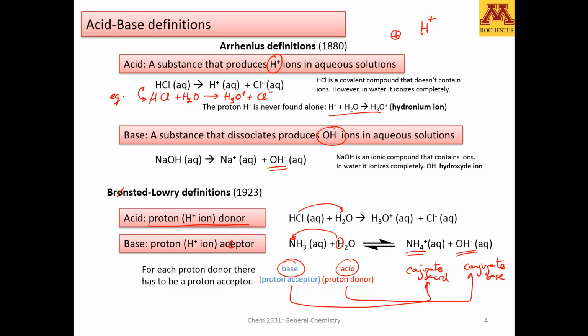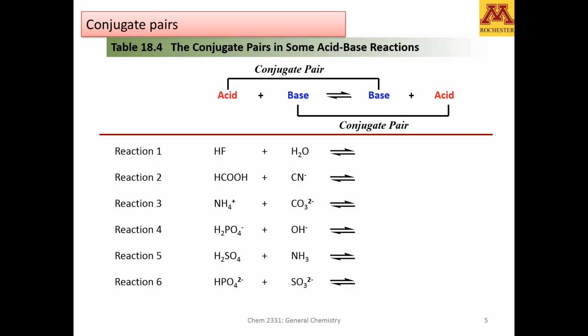So let's practice a little bit. In this case, we're giving you a list of reactions and we are already identifying them as acid and base. However, it's important that you can identify acids and bases. We'll give you a list for you to memorize because some of these problems rely so much on memorizing what's an acid and what's a base that it may be convenient to memorize.